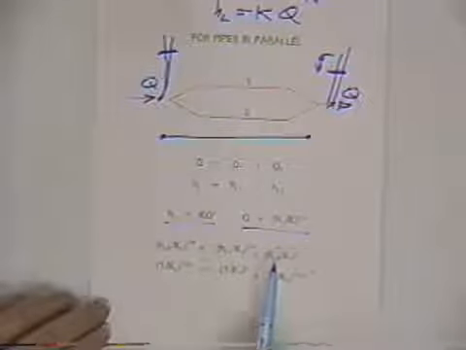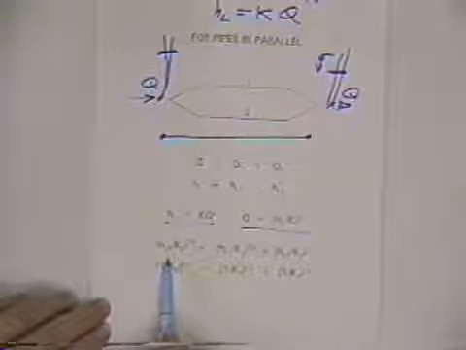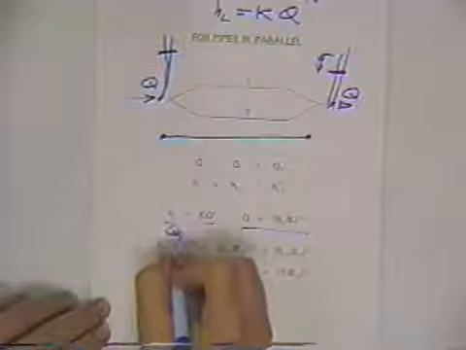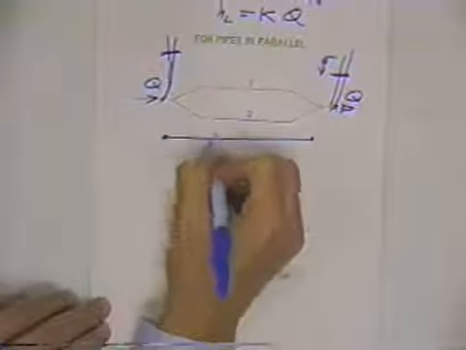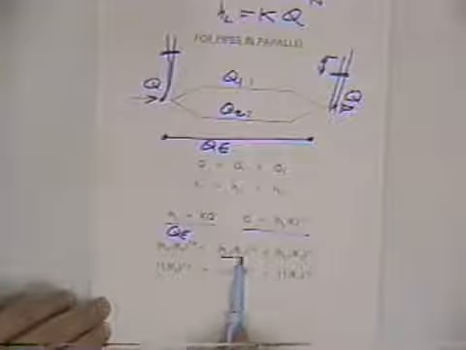We could solve for Q thusly, and then say that the Q in the equivalent pipe would just be this Q plus that Q, and each Q can be expressed in terms of the head loss in its pipe.